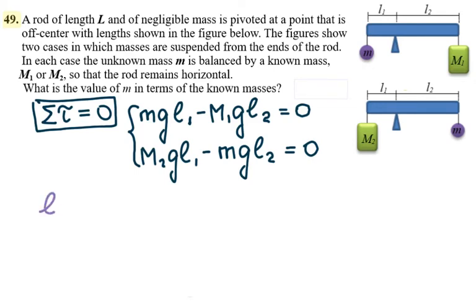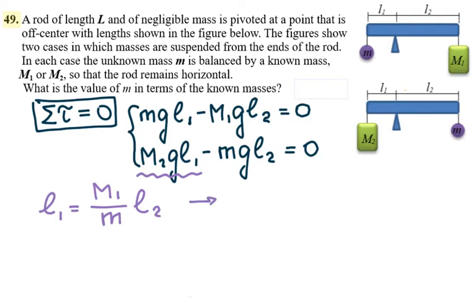So L1 in the top equation is equal to, I could cancel g's from both sides if I set them equal to each other, m1 over m times L2. And then I'm going to plug it into L1 of the second equation.